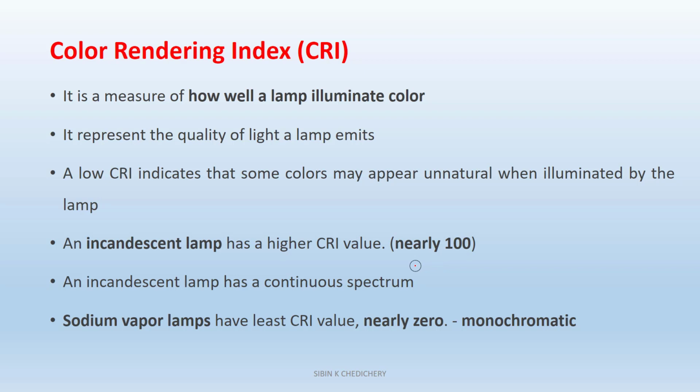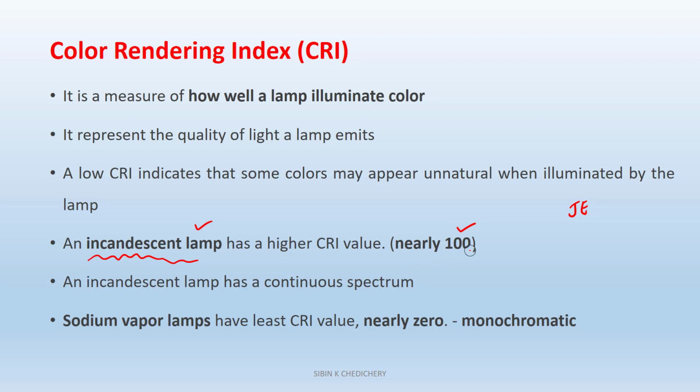Now we can check which lamp has the highest CRI value. This is one of the repeatedly asked questions in PSUs, other state PSCs and also junior engineer exams. The lamp with a high CRI value is the incandescent lamp. Its value is nearly 100. This is one of the questions repeatedly asked in competitive exams.